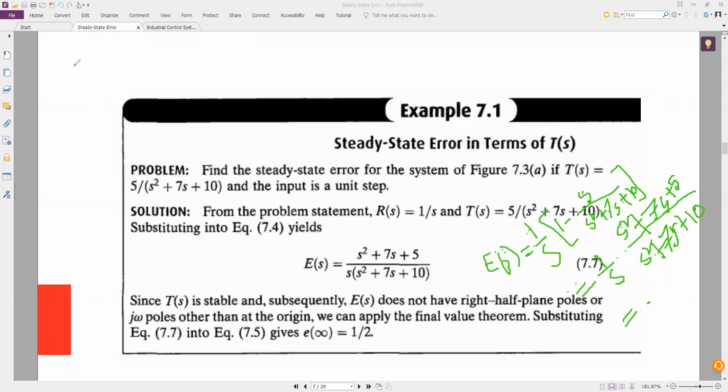For the Routh table, we have to calculate the denominator, s cube plus 7s square plus 10s.